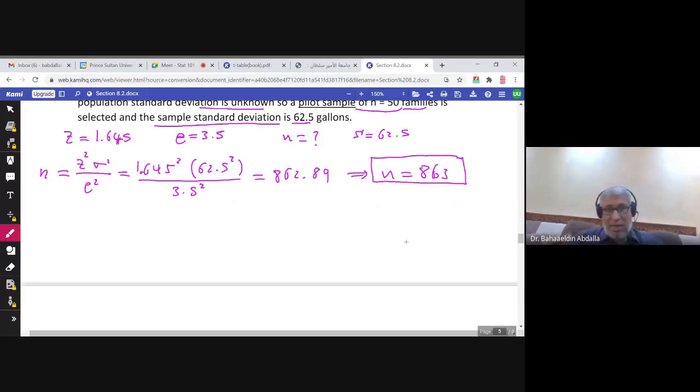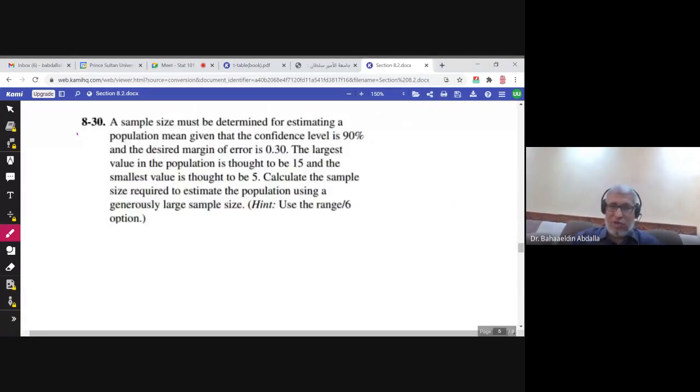Let us see the other question, 830. A sample size must be determined for estimating a population mean. The confidence level is 90, so Z is 1.645. The desired margin of error, E, is 0.3. The largest value in the population, the maximum, is 15.